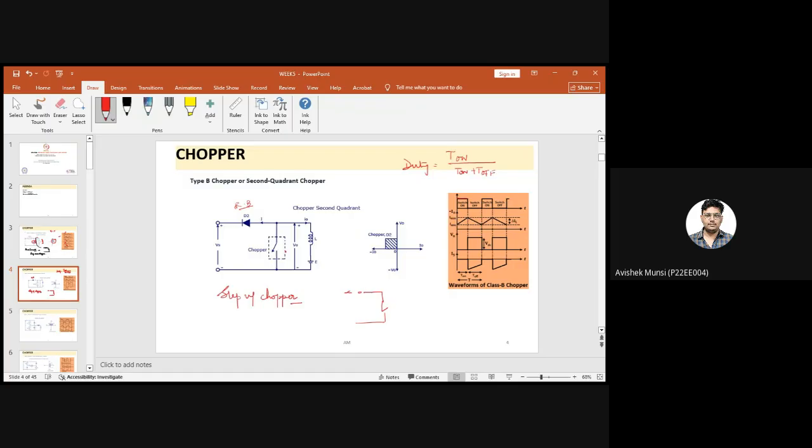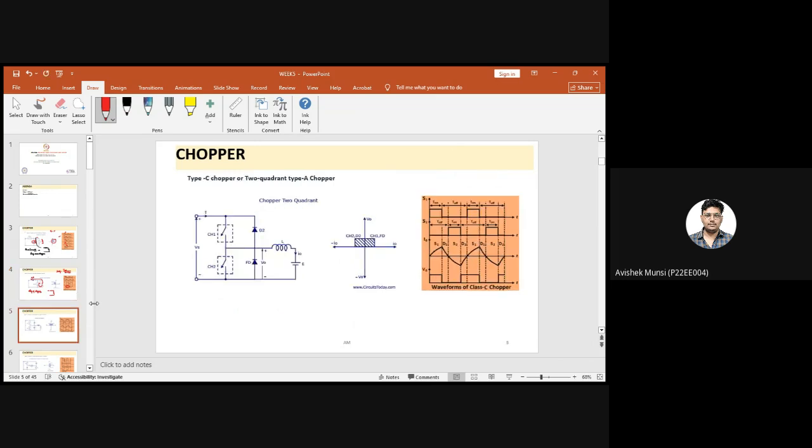When the switch is off, it will act as forward biased during the negative half cycle, and current will flow through it and be stored. But what happens to the switch current? Since it's an inductive load, it will store current and energy, and it will bypass through this, right? That's why you will get this current in the negative half cycle. So this is the type B or second quadrant chopper.